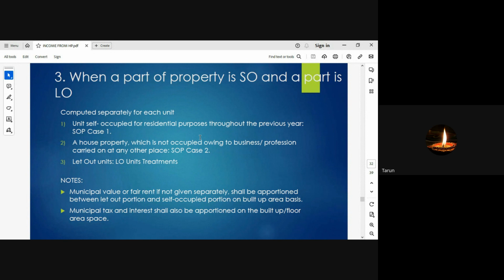So when we talk about the municipal value or fair rent, it is the built-up area, and when we talk about taxes and interest, it is the floor space area. The two terms are different, and this is the difference between the two.